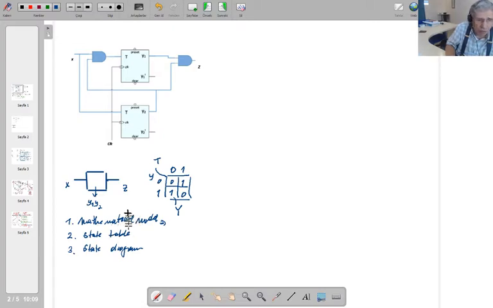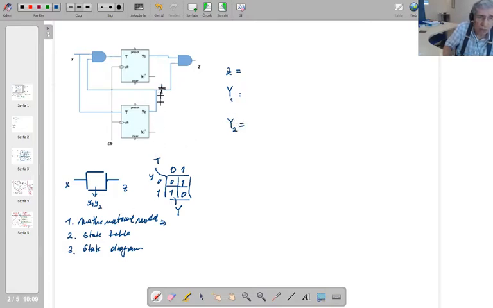So let's start with the mathematical model, I said. Since we've got one output here, in the mathematical model I've got to figure out the Z output function, and then since we've got two state variables, I'm going to find the y1 and y2 next state functions.